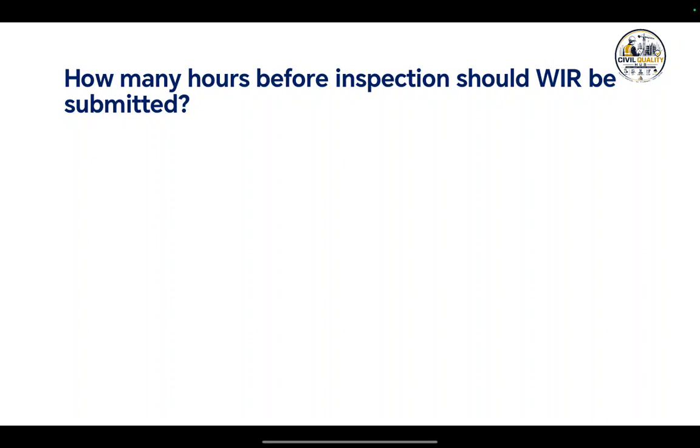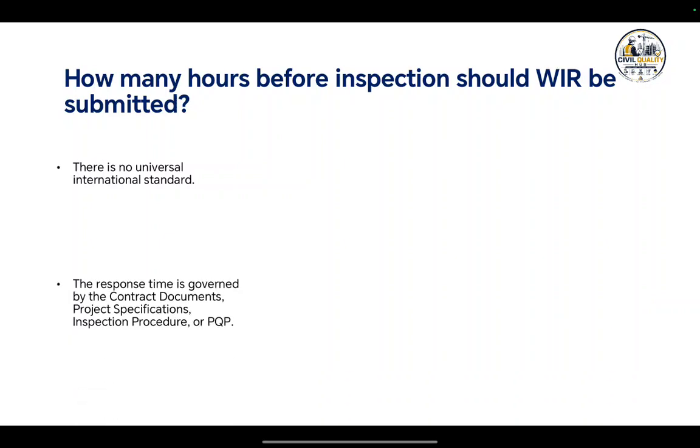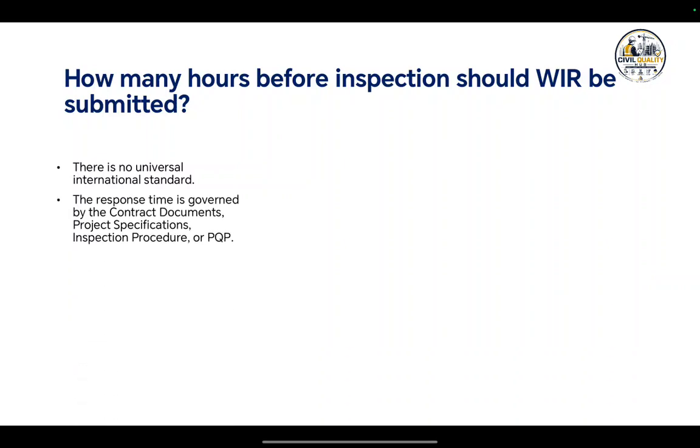So now here we go with the slide: how many hours before an inspection should it be submitted? There is no universal ISO requirement. The notice period depends upon contract documents, project specification, inspection procedure, or project quality plan.